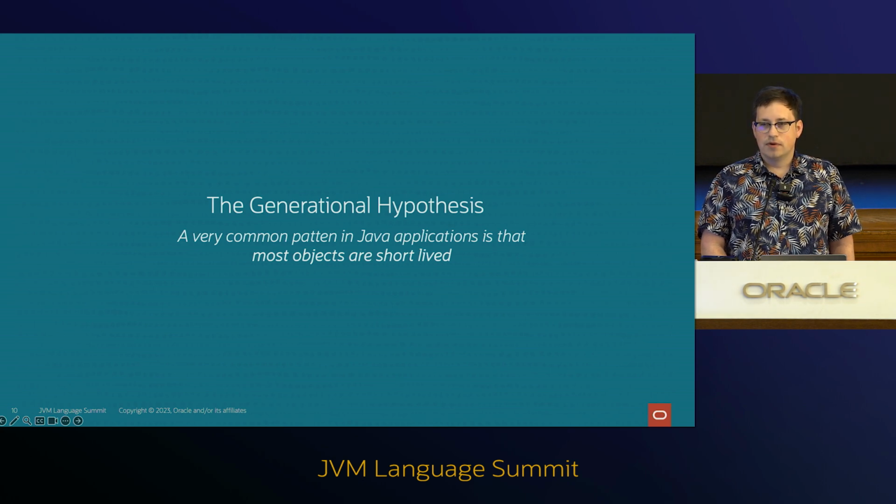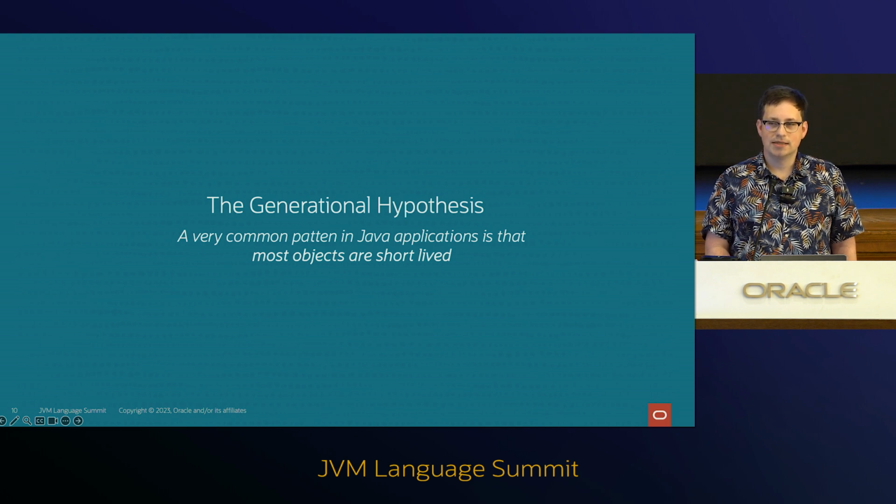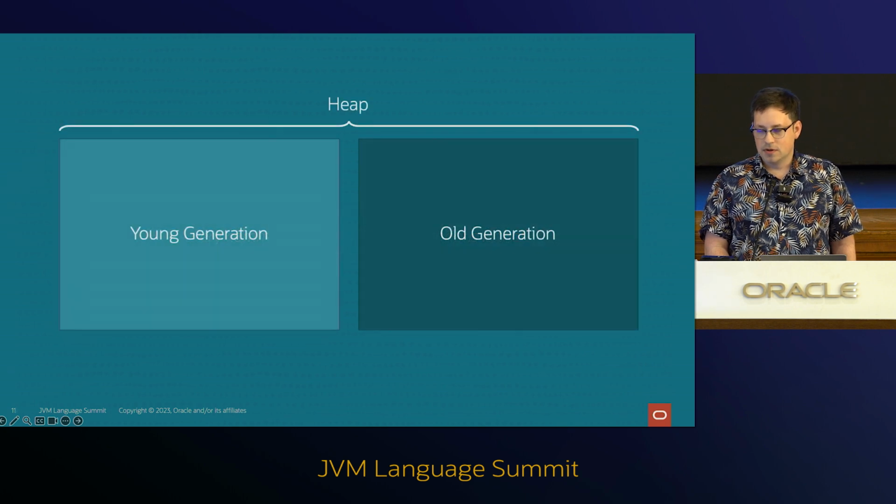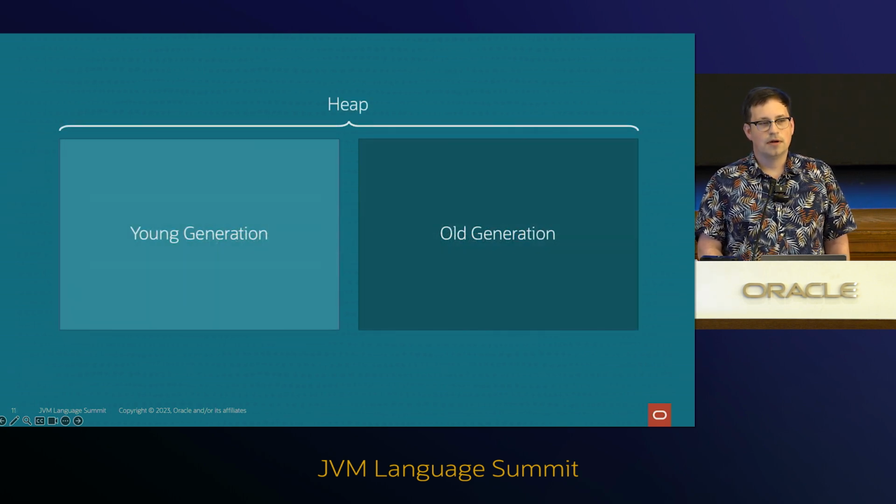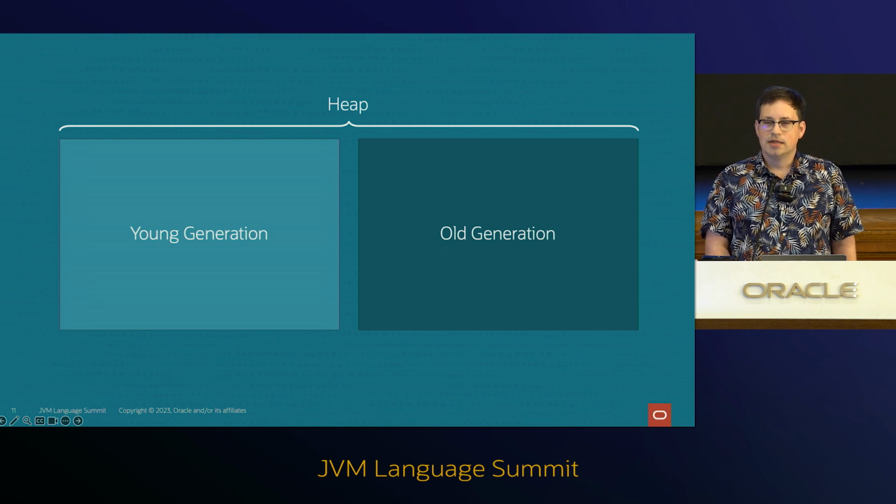So the main thing is that we are exploiting the generational hypothesis, which is a pretty common pattern in Java programs, that most objects tend to have a short lifetime, which means that they typically die young. So what a generational collector tries to do is to split the heap into two logical parts, a young generation and an old generation.